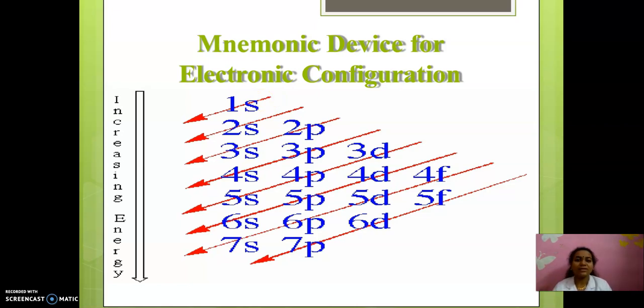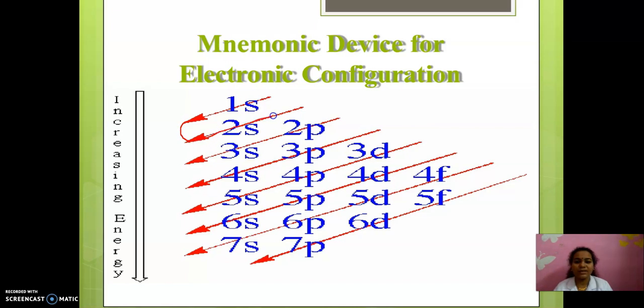You have studied the several laws by which we have to fill the electrons in the lowest energy level first. Which is the lowest one here? 1s. Here is only 1s, and this arrow is denoting that. So how will it go? You can see that from 1s, then 2s.